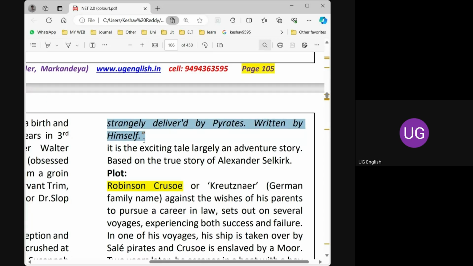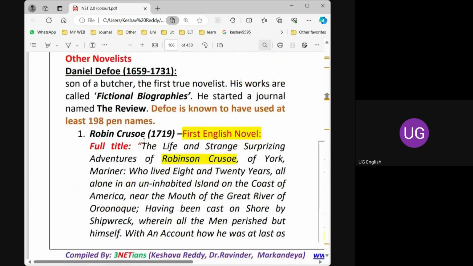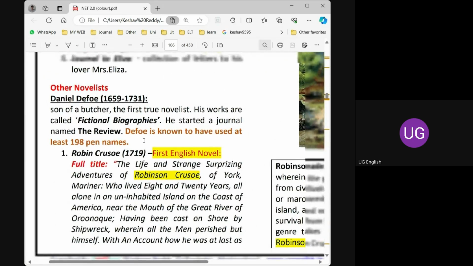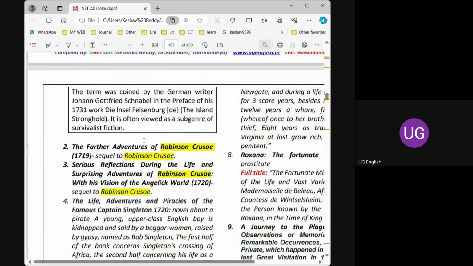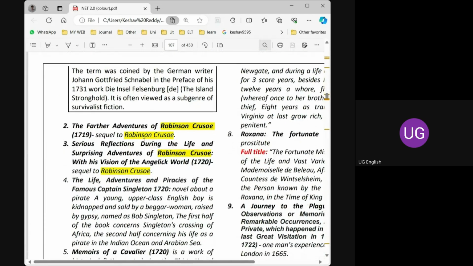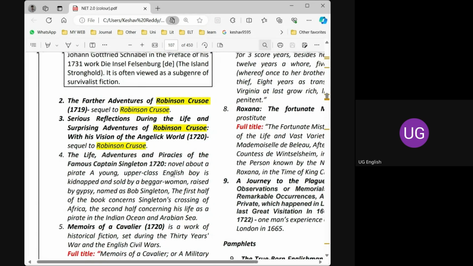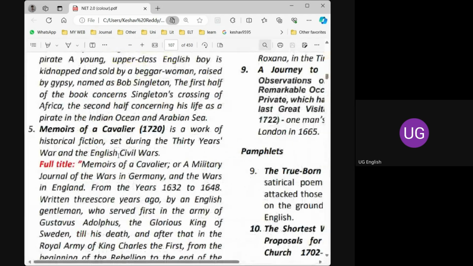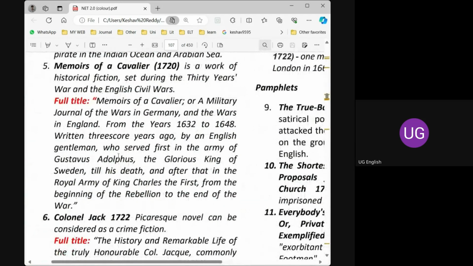So this is the complete title of Robinson Crusoe, and you will find all the other novels have the same type of complete full titles. Even Roxana has a full title, Memoirs of a Cavalier, Colonel Jack.